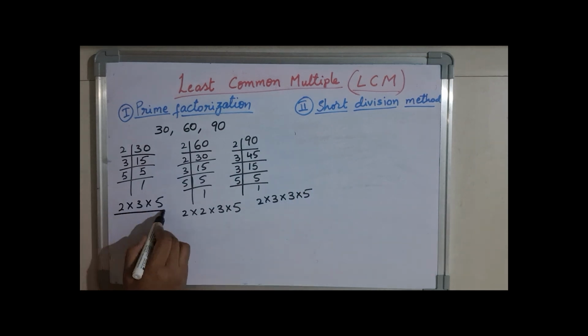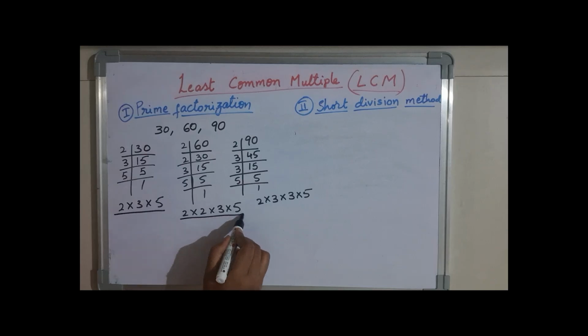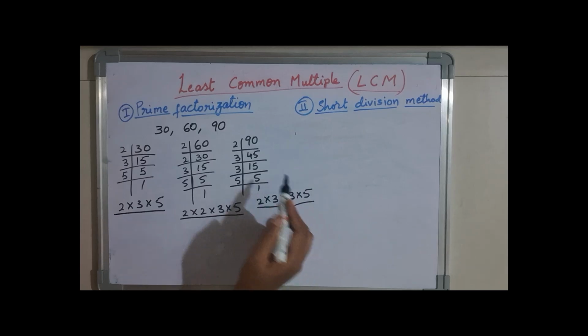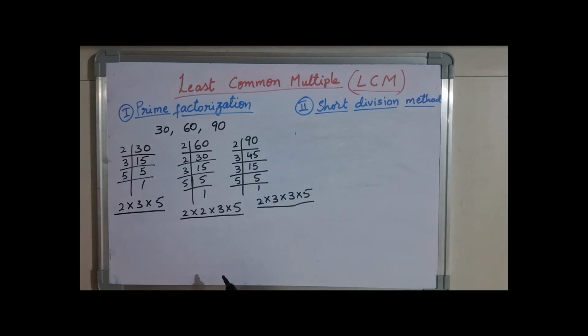So 2 into 3 into 5 is the prime factorization of 30, 2 into 2 into 3 into 5 is the prime factorization of 60, and 2 into 3 into 3 into 5 is the prime factorization of 90.